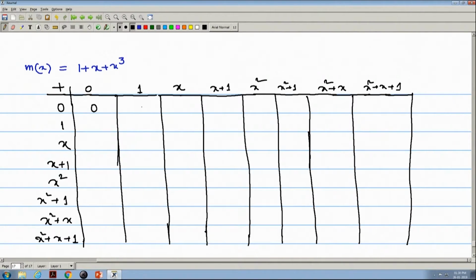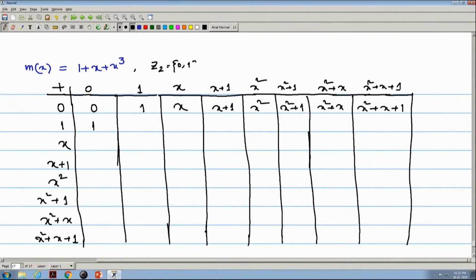The additive identity is 0. If it is 1 plus 0, 1 plus 1 modulo 2, since it is Z2, is 0, 1.